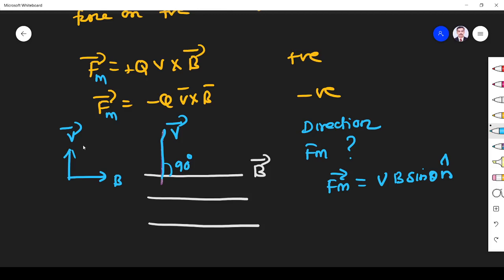What is that? You are moving from v cross B, because v cross B is what we are doing. So you are going from v to B, like that you think. Going from v to B means you are moving in the anti-clockwise direction. When you rotate anything in the anti-clockwise direction, what will it do? It will go inside.